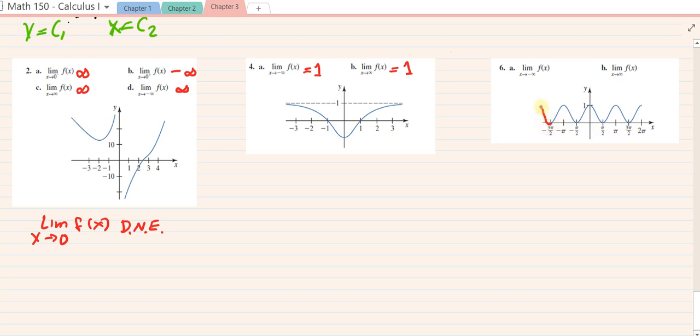But whatever that is, notice this thing is just going to keep going like that forever, right? So that limit does not exist. D N E. It's not approaching a line. Same thing with x approaching positive infinity. The limit does not exist. So that's how you determine these limits. Let's take a look at some more.